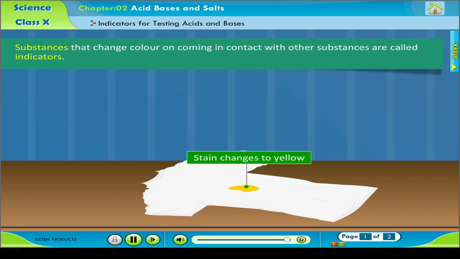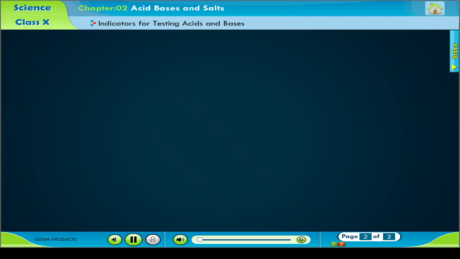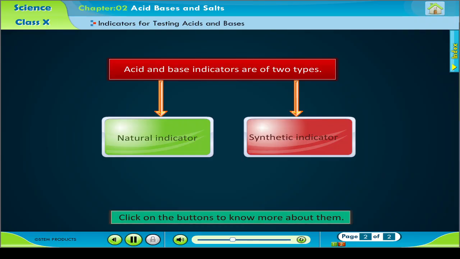Substances that change color on coming in contact with other substances are called indicators. Acid and base indicators are of two types: natural indicator, synthetic indicator. Click on the buttons to know more about them.